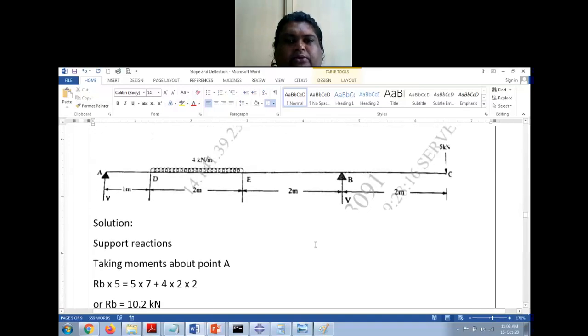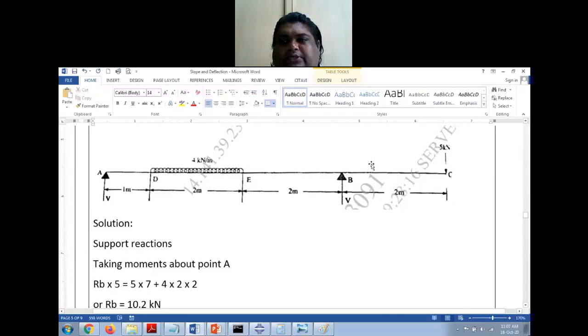Now what you have to do, see the methodology is the same, you don't have to change anything from what we did. So we have to consider a section XX which is in the last section of the beam. Now how many sections are there? AD is one section, DE is another section 2, EB is 3, BC is 4.